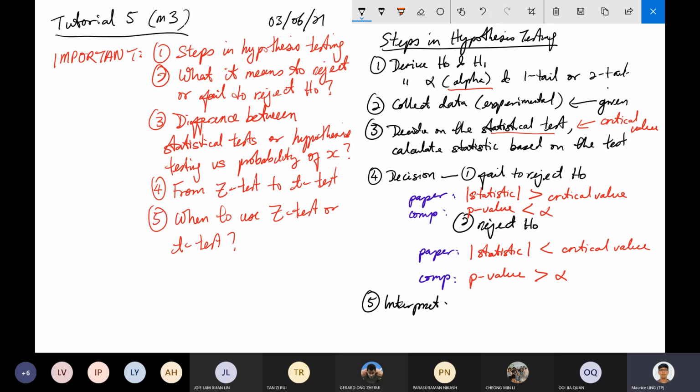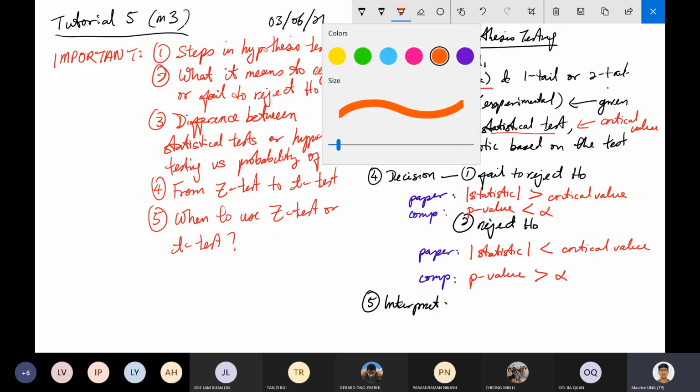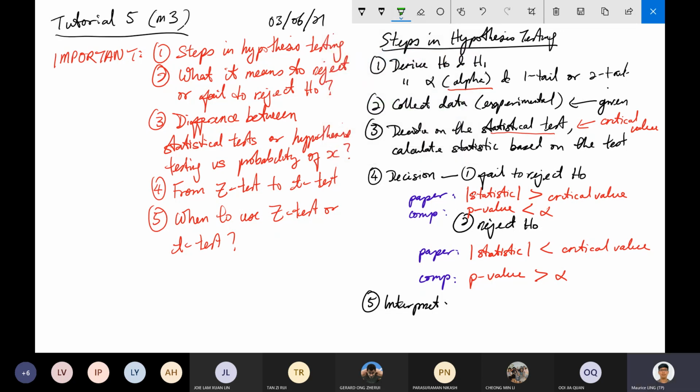Every statistical test, every hypothesis testing, follows this scheme. The only thing that will be different is what statistical test you use, and because of that, you calculate the statistic differently. That is the only difference for all statistical tests, and there are hundreds and hundreds of statistical tests out there.